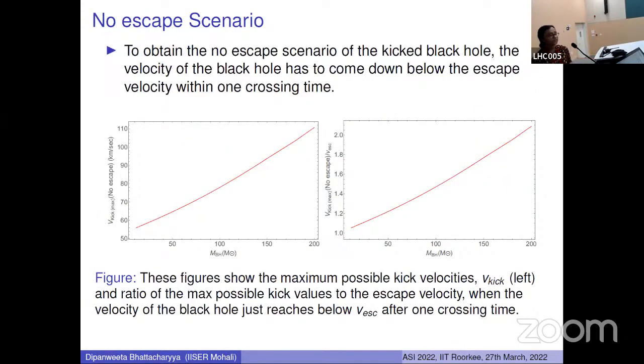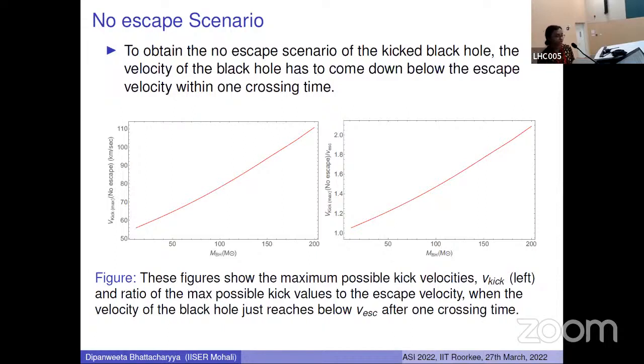Now I come to the first case, as I mentioned, of the three possible scenarios. The first one is the no escape scenario, where the black hole will not escape from the globular cluster, meaning it has reached below the escape velocity before one crossing time. Here we are considering a boundary case where we assume that at t equal to 1 crossing time, it just reaches the escape velocity value.